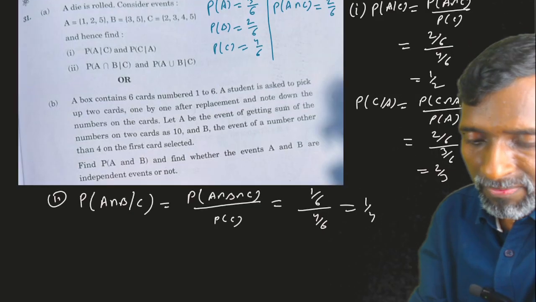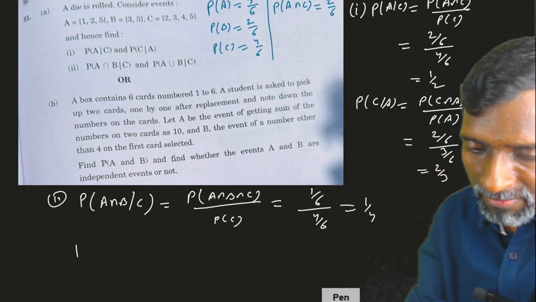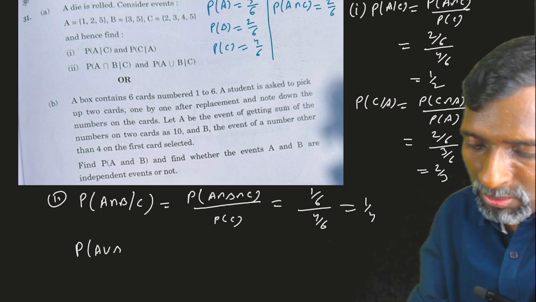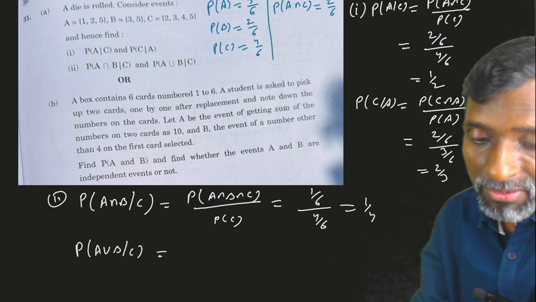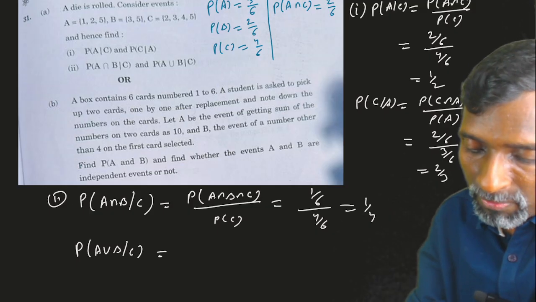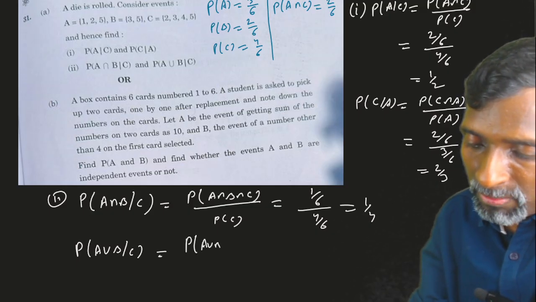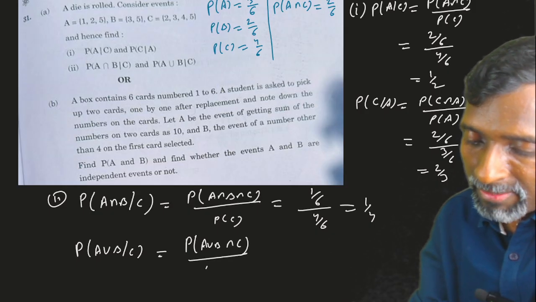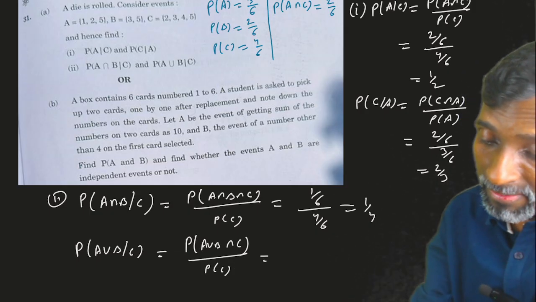Good. Now if we are talking about the second part of this, it is probability of A union B by C. So if we are finding A union B, it should be 1, 2, 3, 5, 4 elements are there. So it is probability of A union B intersection C divided by probability of C. So A union B intersection C we need to find.